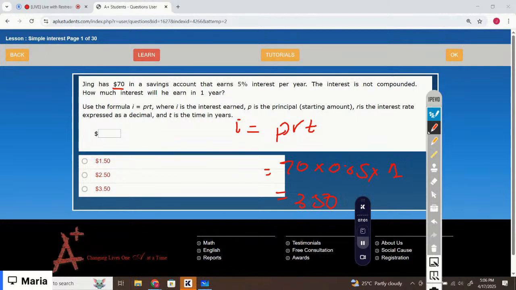Option number 3 is the correct option. That is $3.50.